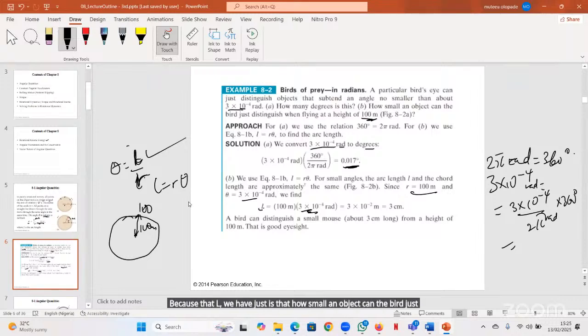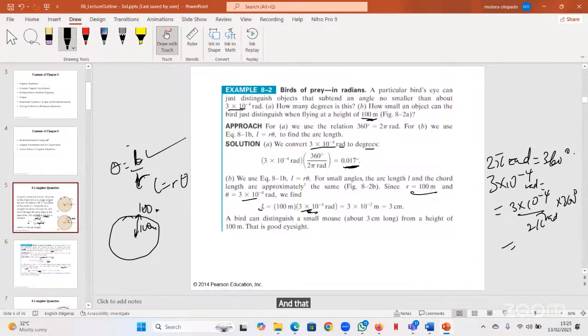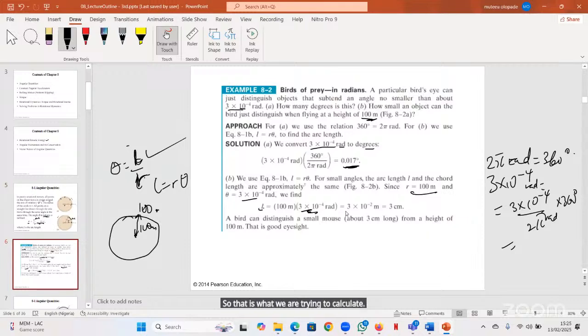So if the bird is here, on the surface of the earth, how can it detect it? That is what we are trying to calculate. And it is 3 cm. That is the size of the object. The size of the object is 3 cm.